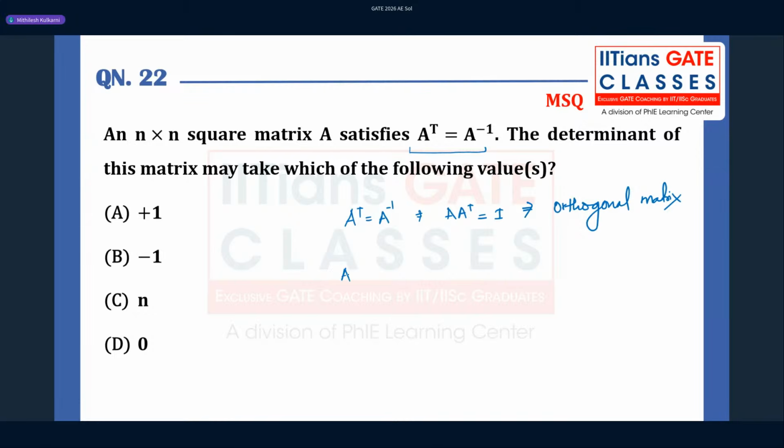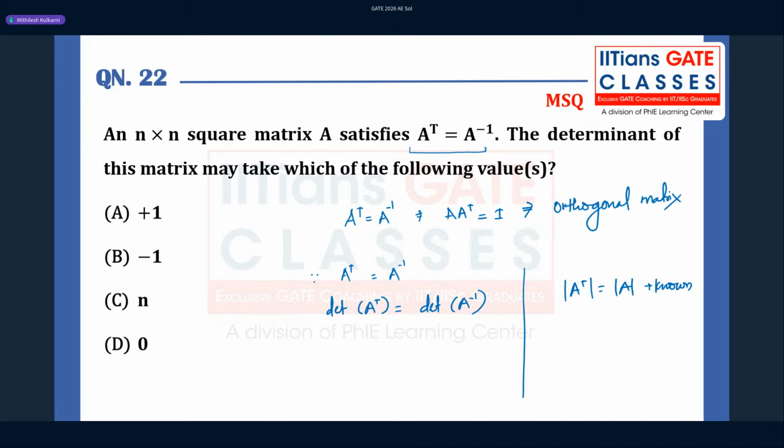Since A transpose is equal to A inverse, we can say determinant of A transpose has to be equal to determinant of A inverse. Correct? We know that determinant of A transpose is equal to determinant of A, which is known to us.